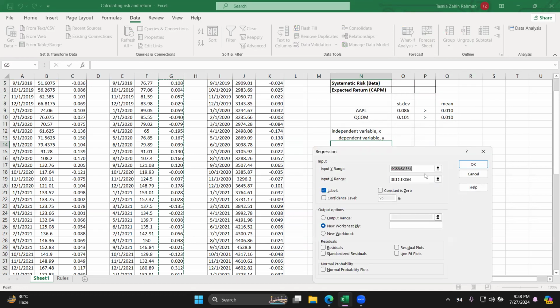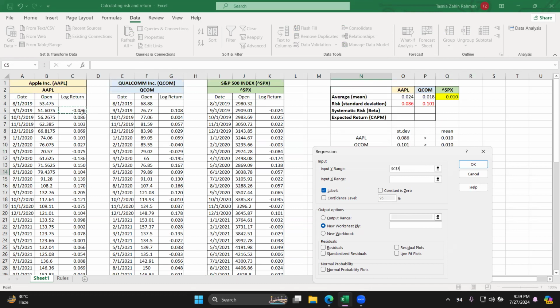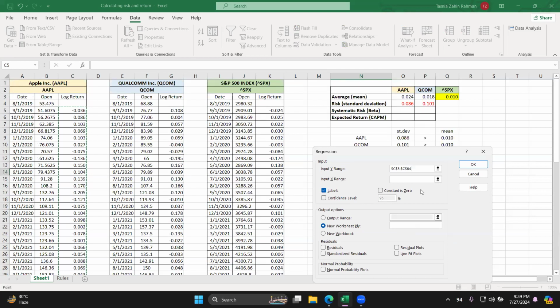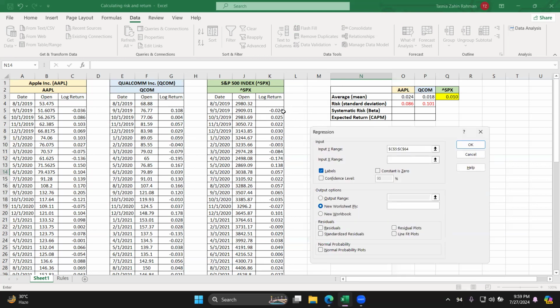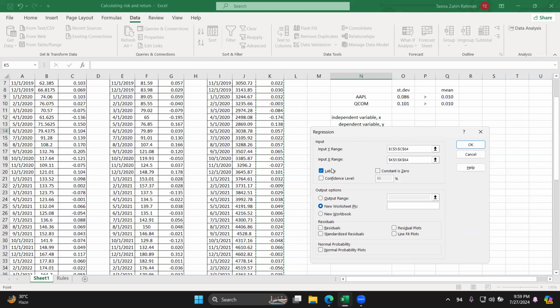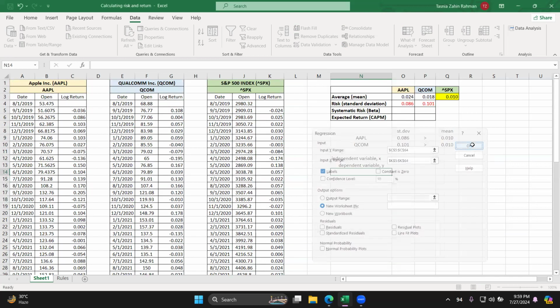Then for Y, as Y is our dependent variable, let's do Apple first. We choose the whole log return of Apple. And then for X, as X is our independent variable, the index, let's go here and make sure you have labels ticked on, and then okay.